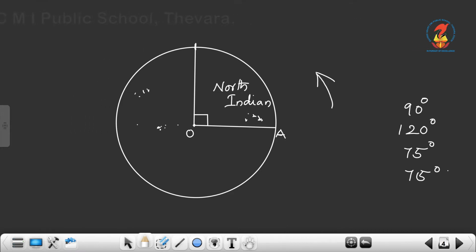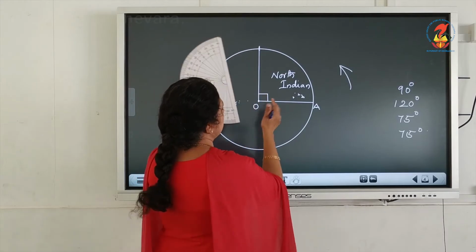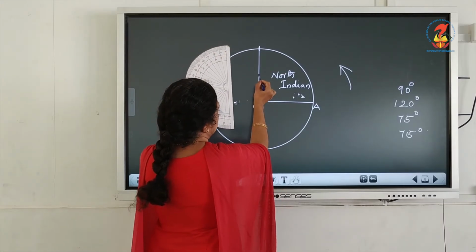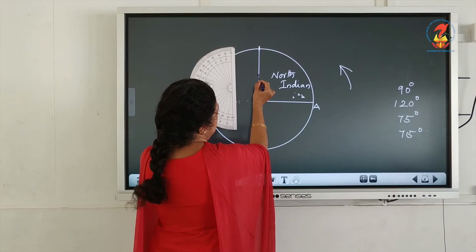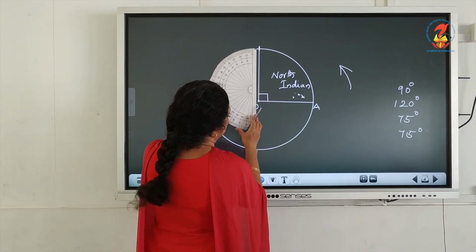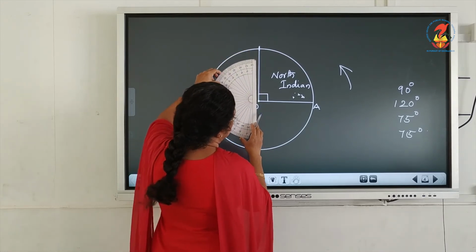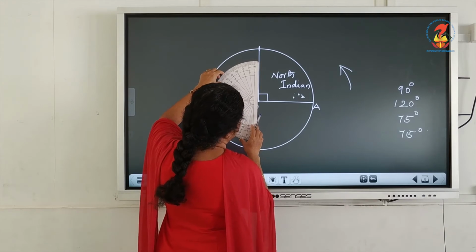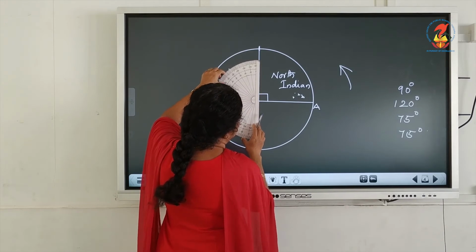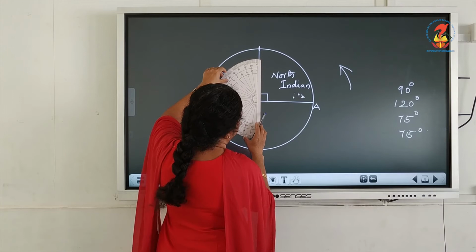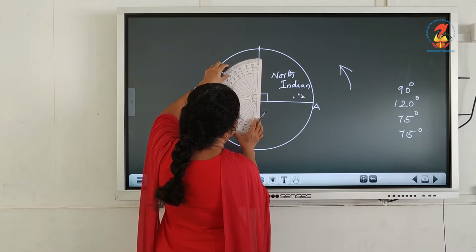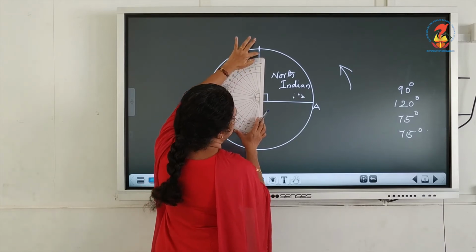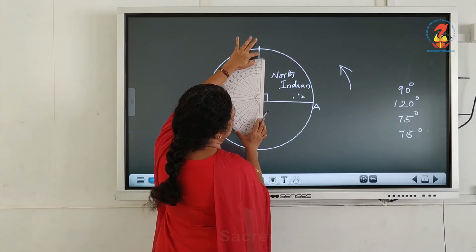Now next, 120 degrees. We have to take this as the baseline. Keep the protractor in this way, with the center of the protractor coinciding with the center of the circle, and the zero of the scale coinciding with the line which we have already drawn.